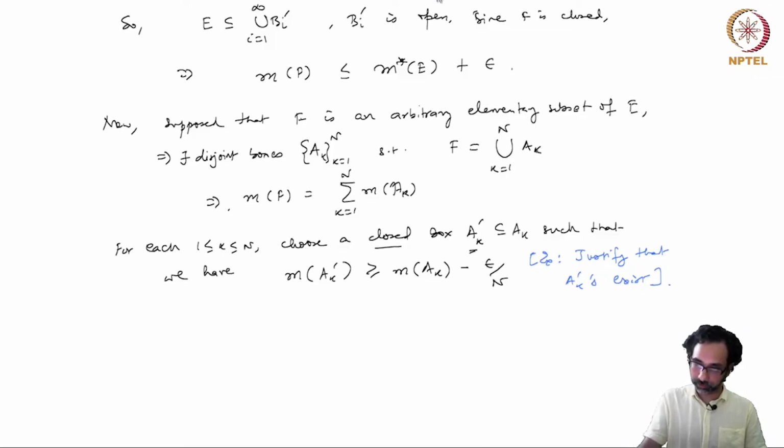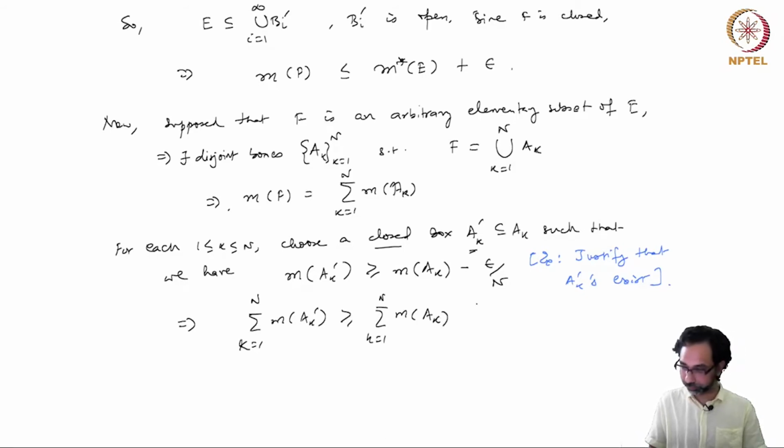So now this implies that the sum k equal to 1 to n of m(Ak prime) is greater than or equal to the sum k equal to 1 to n of m(Ak) minus epsilon, because there are n terms, so we just get epsilon. So the right hand side is nothing but m(F) minus epsilon.